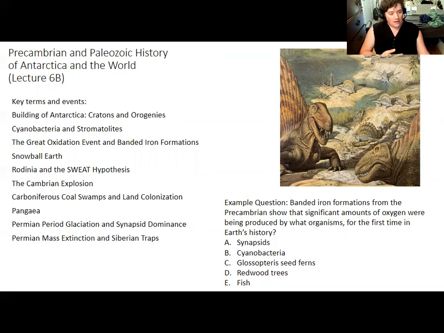And the Cambrian Explosion comes not that long after the end of Snowball Earth, and it also occurs about when Earth's atmospheric oxygen levels start to approach modern levels. And so those two events seem to have set the stage for the Paleozoic era, or the ancient life era, and the development of more complex marine organisms.